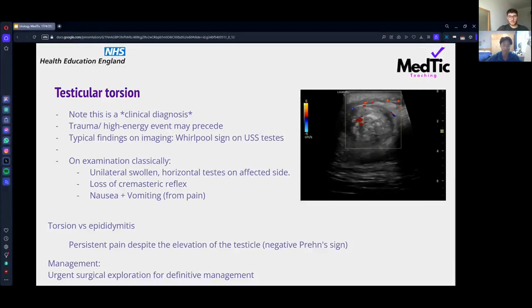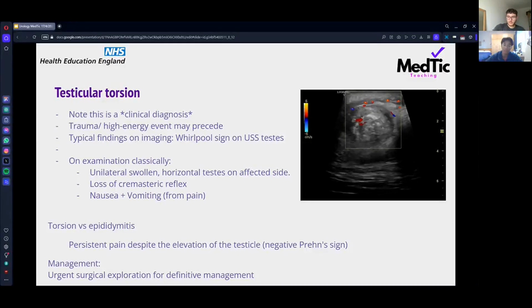Now, whilst imaging is useful, if you're highly suspicious of a torsion, you would make that diagnosis based off your examination and the history. Some indicators: there can be a traumatic or high energy impact. However, sometimes there is a patient population that is predisposed to recurrent torsion events.